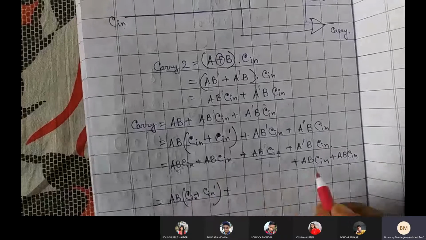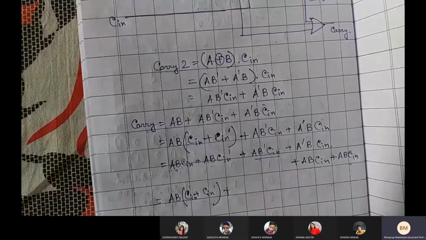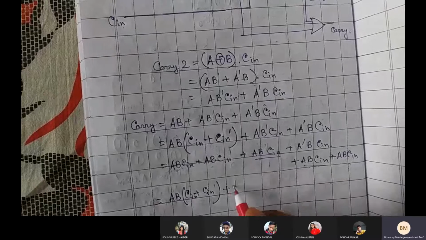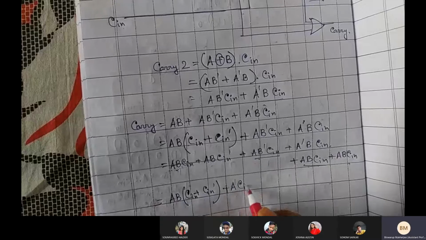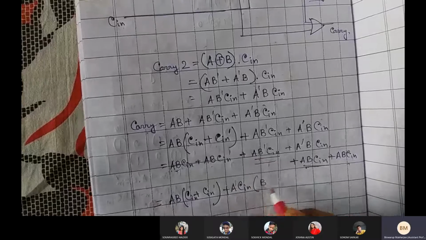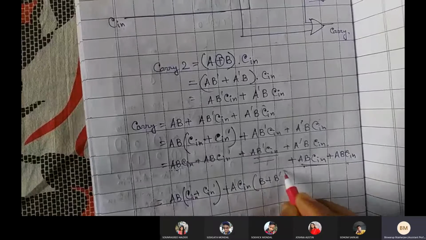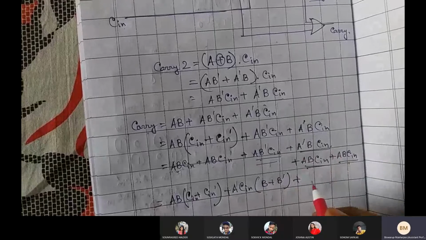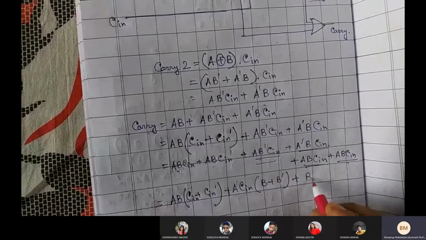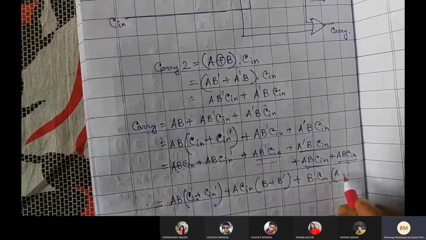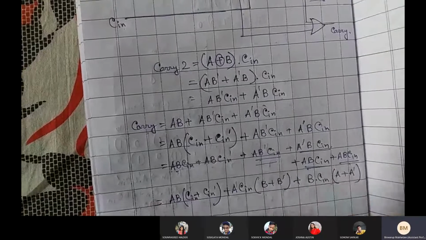Then I am taking common between these two, A C in. So what is left? B plus B bar, right? And between the rest of these two, I am taking common B dot C in. So what else is left? A plus A bar.